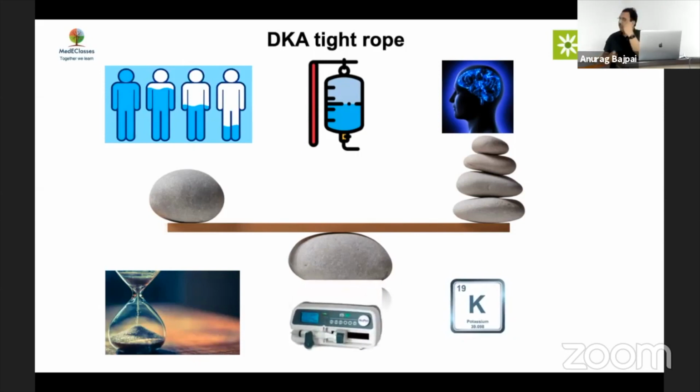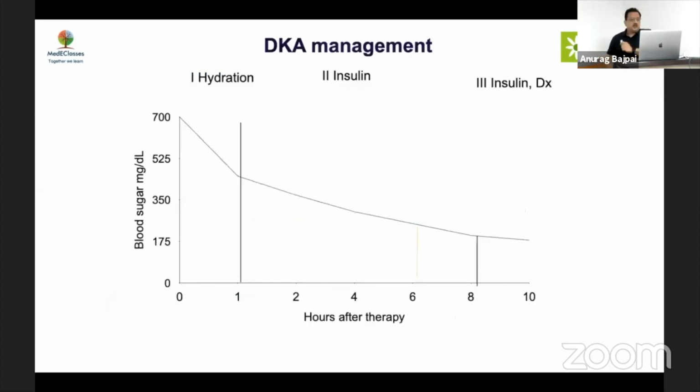So what would you prefer, Narayanan, having a bit of dehydration and basically staying in the ICU for a couple of more hours, or dying because of hypokalemia or cerebral edema? Of course, the first. So what it means is that now we are talking about less fluid, less potassium. This is the basic mantra of DKA. Less is more. It is better to have less than having too aggressive treatment.